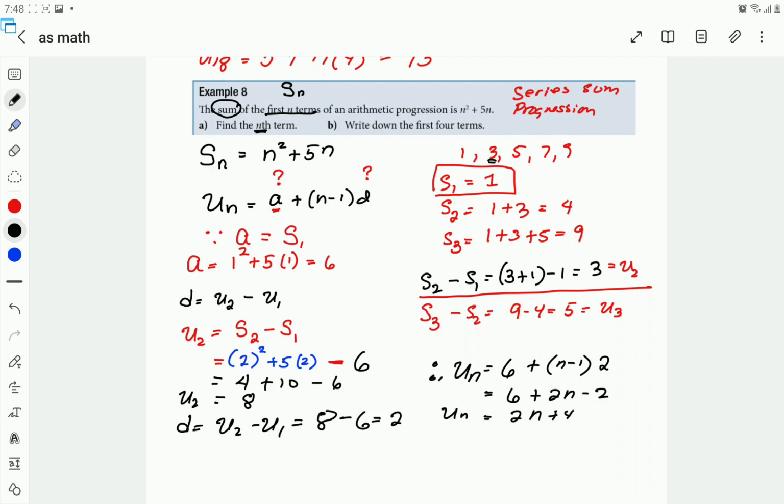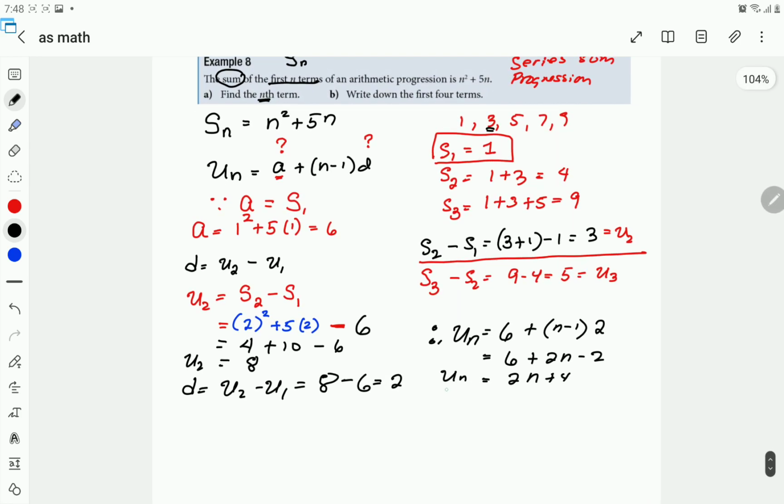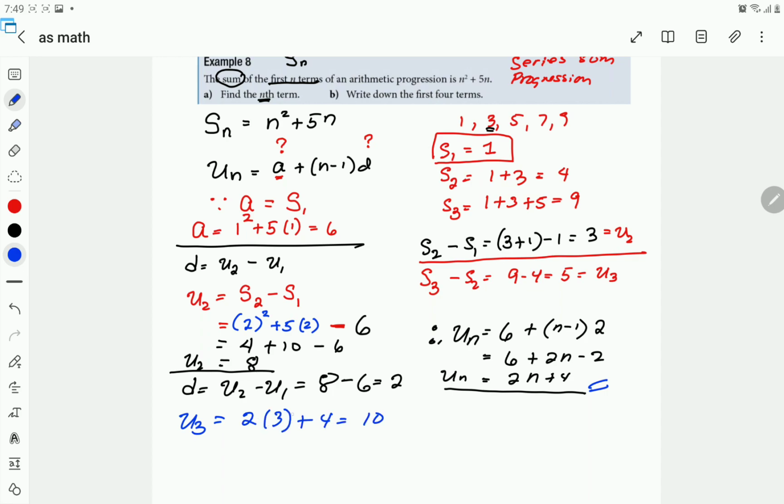Write down the first 4 terms. Since we already know the nth term, we know the first term to be 6, and the second term to be 8, so we need to find the third term. U sub 3 is equal to 2 times 3 plus 4 equals 10.